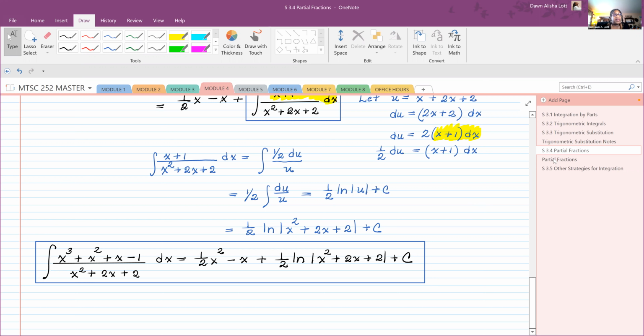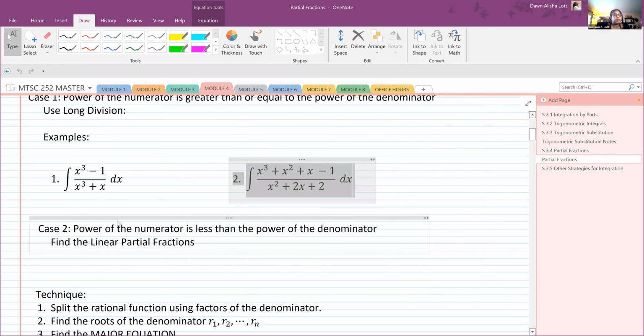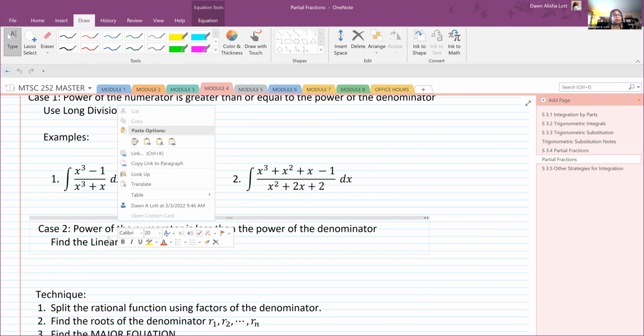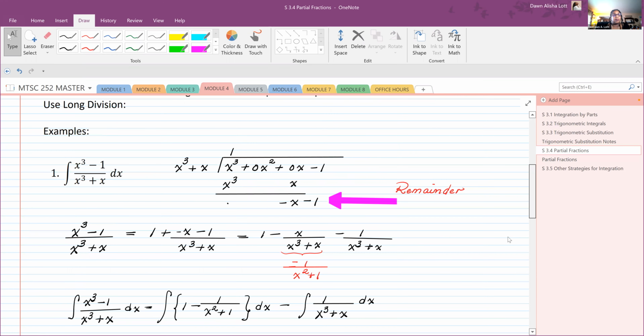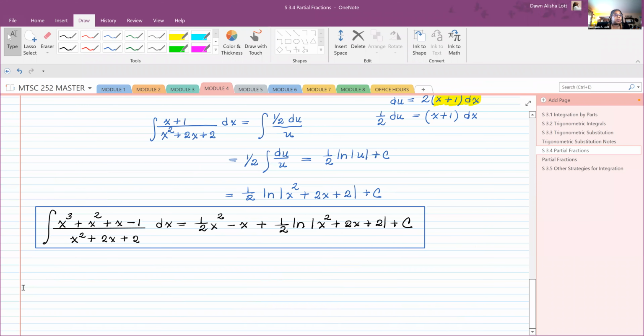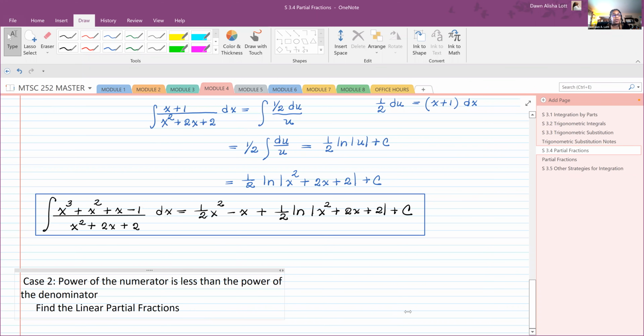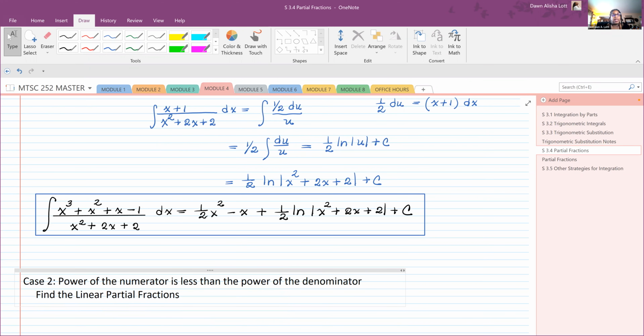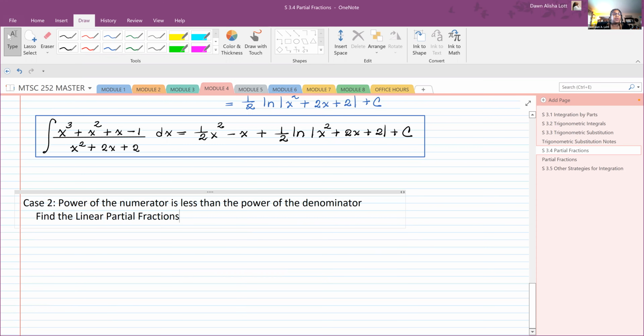So now when we look at the case where the power of the numerator is less than the power of the denominator, we can now look for linear partial fractions. Actually, I want that to be factors.